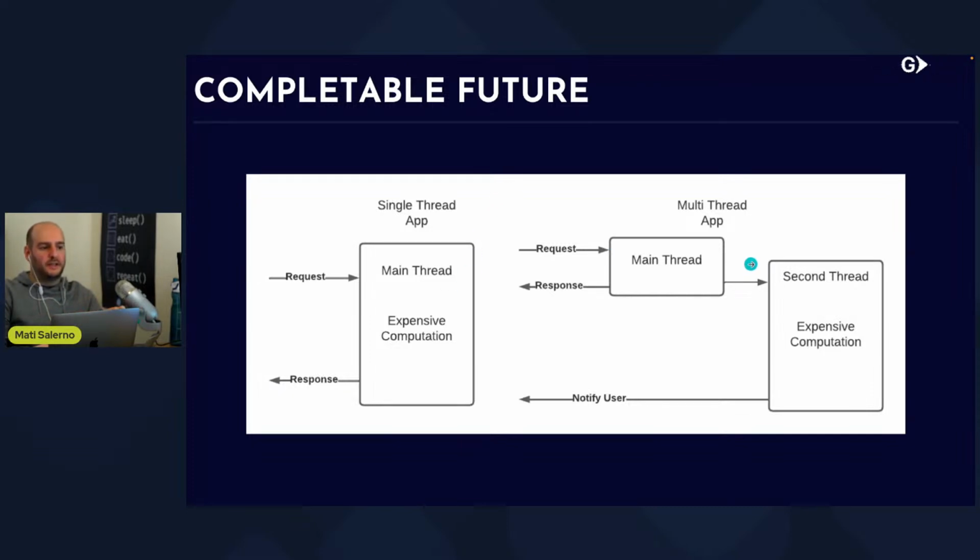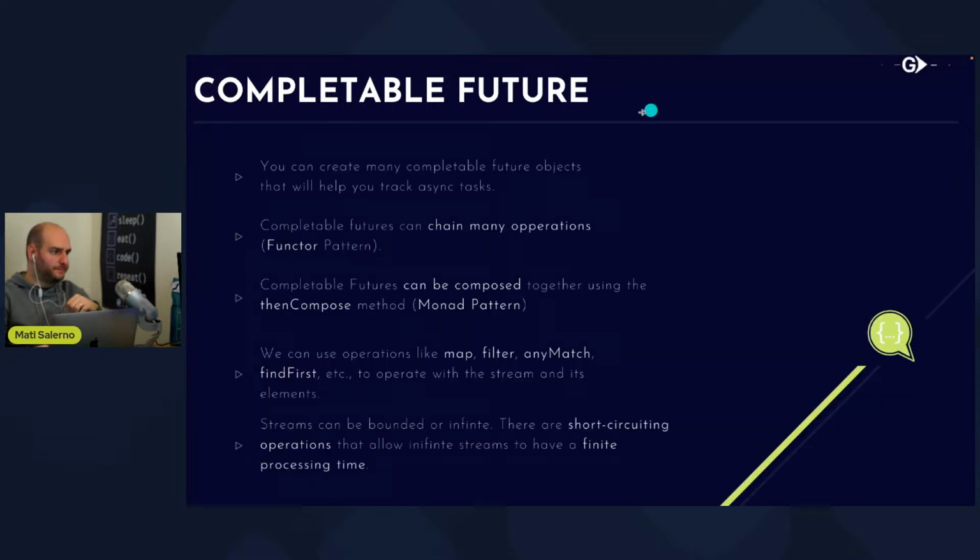These kinds of things we can also do with CompletableFuture. We can create many CompletableFutures and then wait for all of them. And because it uses the monad pattern, you can compose CompletableFutures together. And there are many ways you can do this.